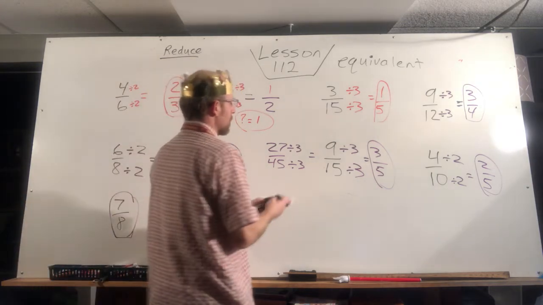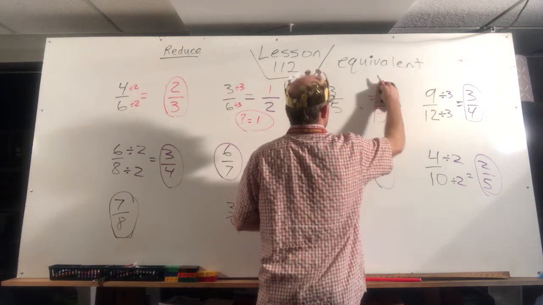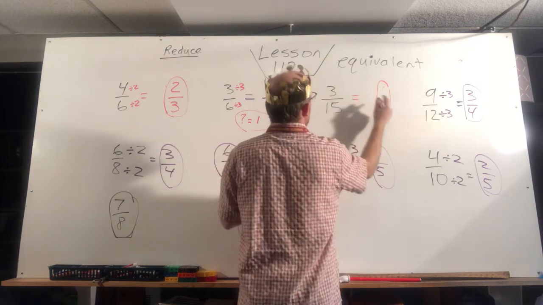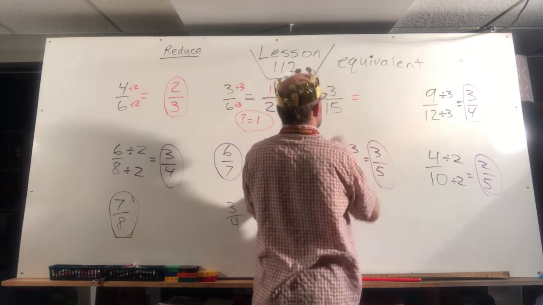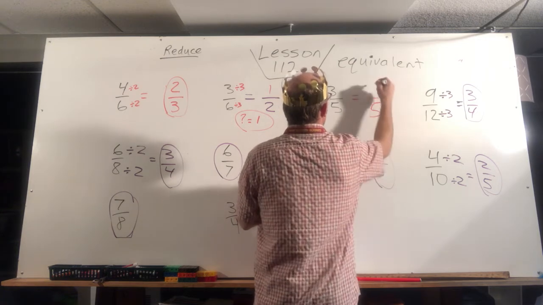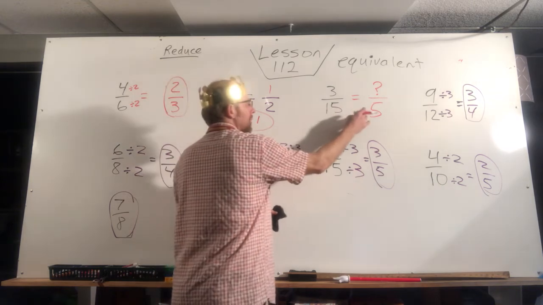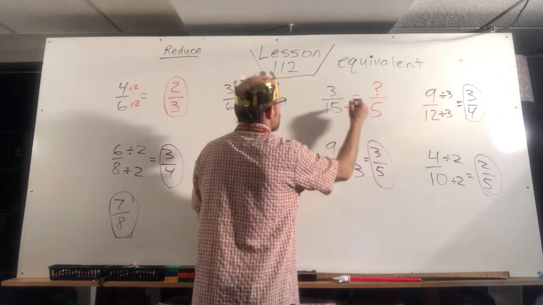I could do the same thing here on this one. If I have equals, and then I have a question mark there. What's the question mark? How do I get from 15 to 5? Divide by 3.